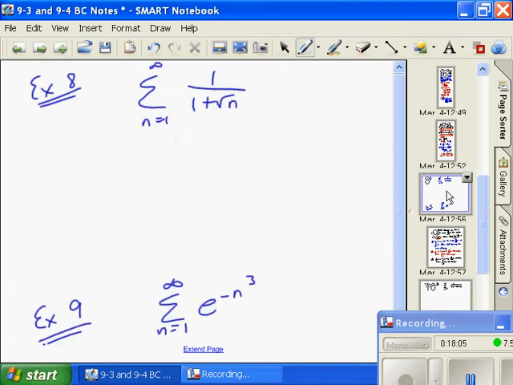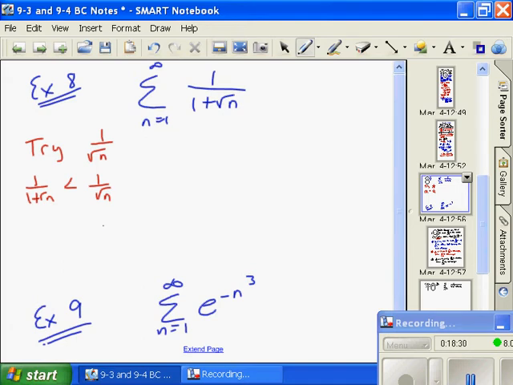So then let's go to example 8. If I look at number 8, I'm going to first of all try to compare it to 1 over radical n. So again, my 1 over 1 plus radical n is less than, because it's larger in the denominator, my 1 over radical n.